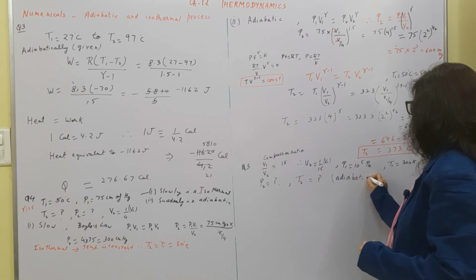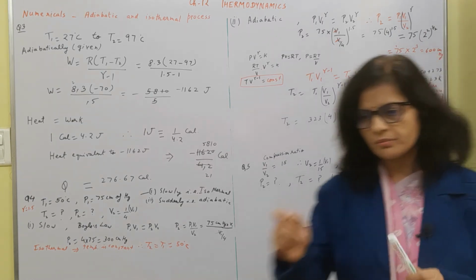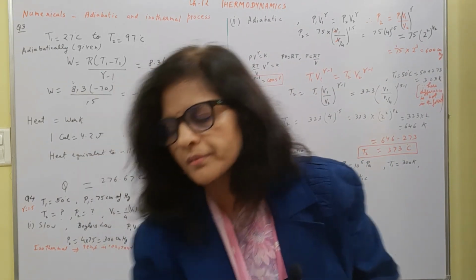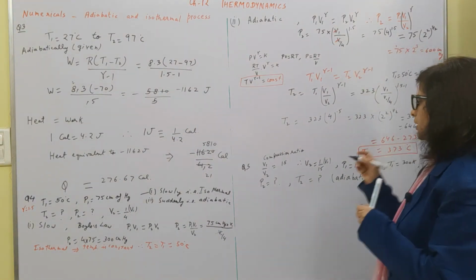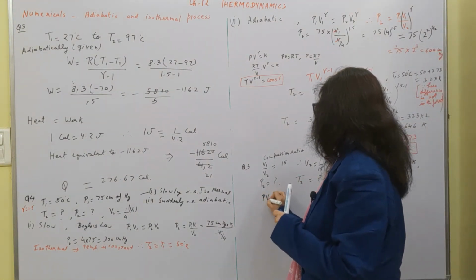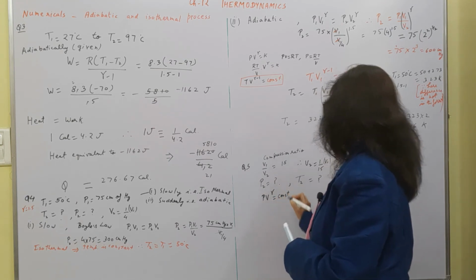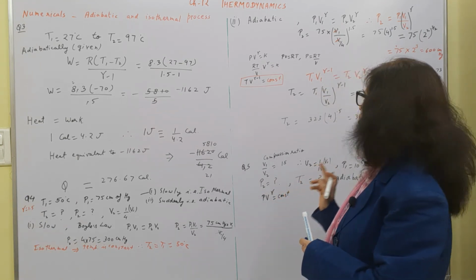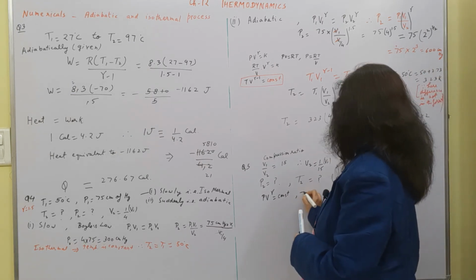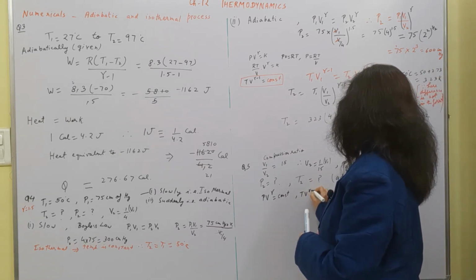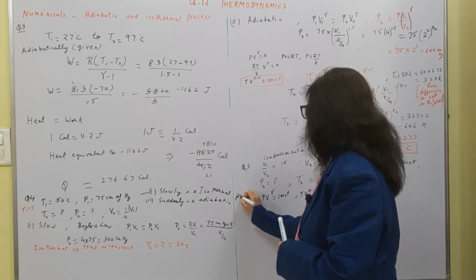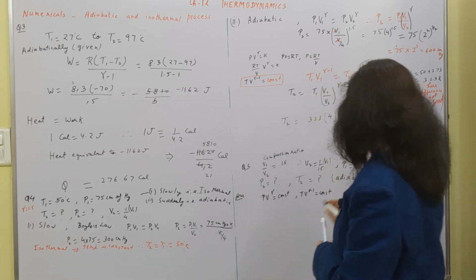So for adiabatic, if you have to find a relation between pressure and volume, then we use PV to the power gamma is equal to constant. And if you have to find a relation between temperature and volume, we have to use TV to the power gamma minus 1 is equal to constant. So we have to use these formulas.